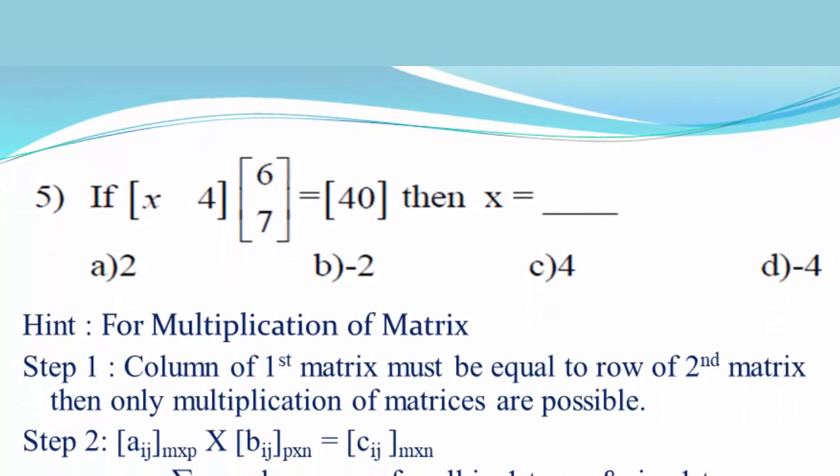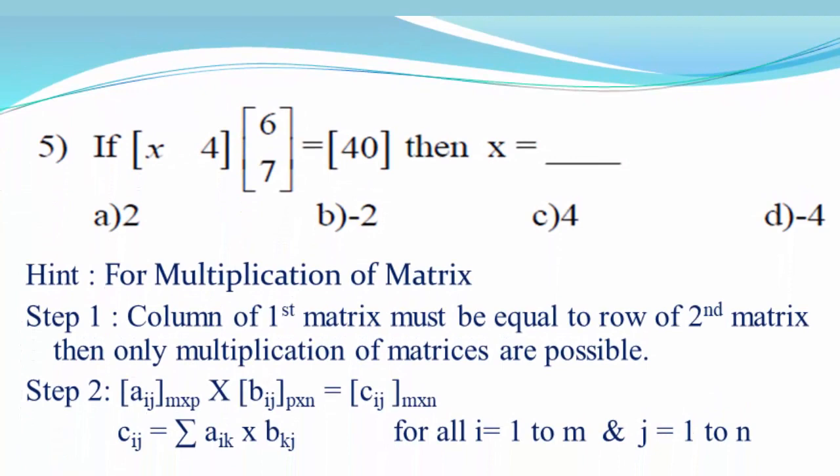So, here we have Aij of order m by p into Bij of order p by n, then the resultant matrix Cij should be of order m into n. Therefore, Cij is equal to summation Aik into Bkj, where i is from 1 to m and j is from 1 to n.